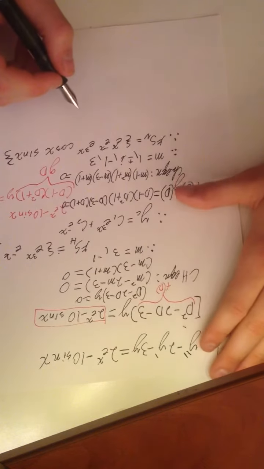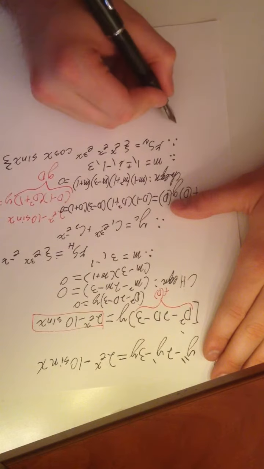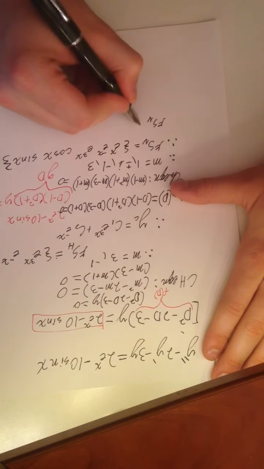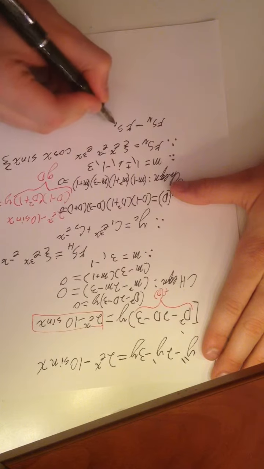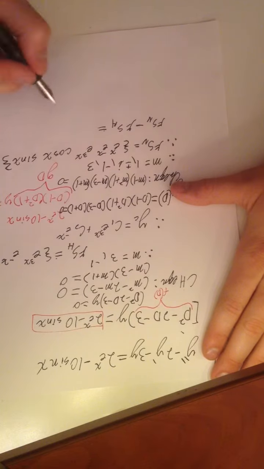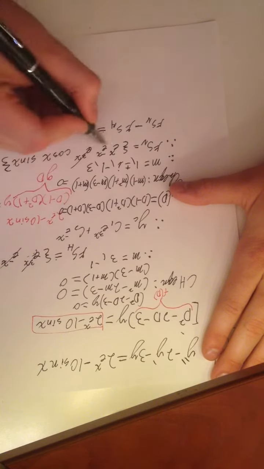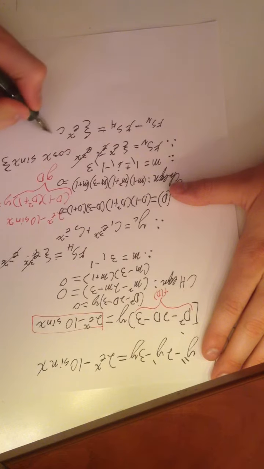Now to find our yp value, we need to take the fundamental solution of the non-homogeneous and subtract the fundamental solution of the homogeneous. In doing that, e to the 3x is going to cancel and e to the negative x is going to cancel, leaving us with e to the x, cosine x, and sine x.